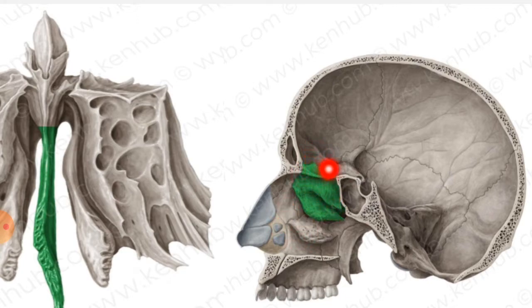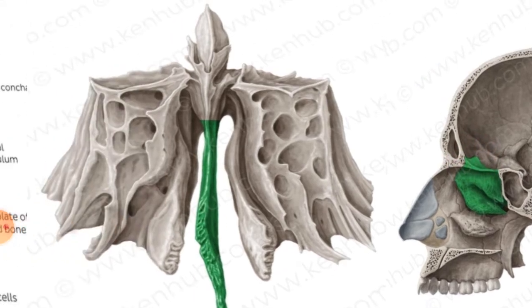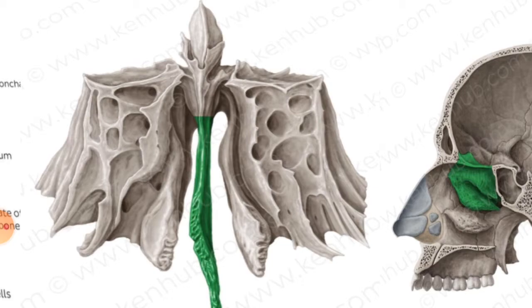This protrusion here is the part of the ethmoid bone which lies in the anterior part of the base of the skull, and this is called the crista galli, and we will discuss it later. This one here is called the perpendicular plate of the ethmoid bone, and here you can appreciate the different air cells.